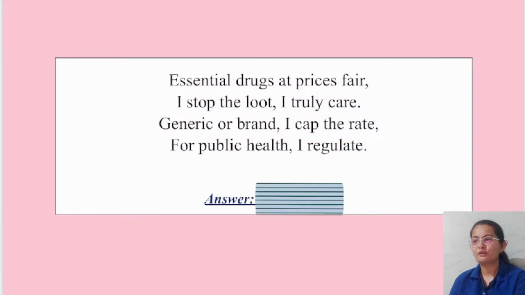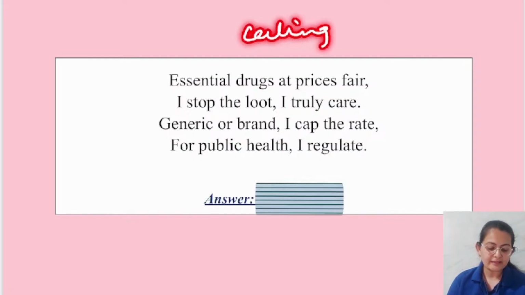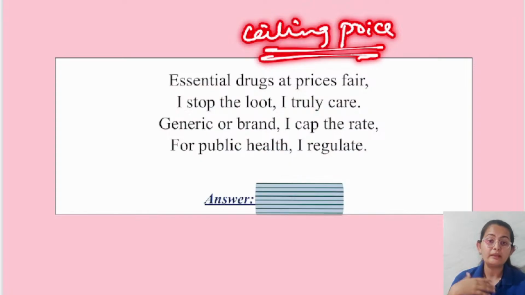Now you are truly correct. It is talking about DPCO, the Drug Price Control Order, because in it we talk about prices and generic or branded drugs having a ceiling limit set by the government so that prices cannot be overwhelmingly high.